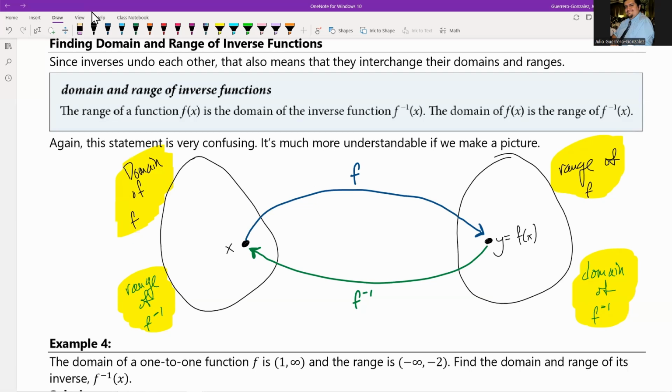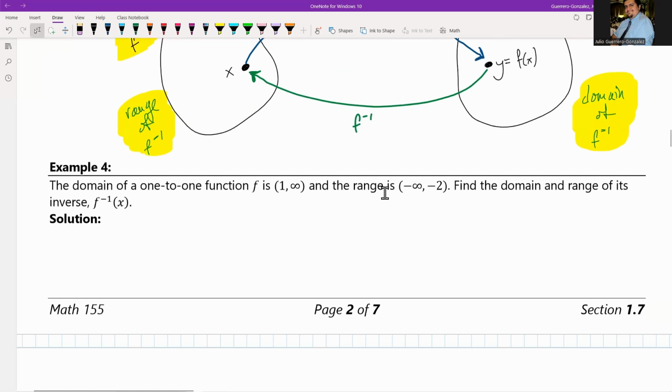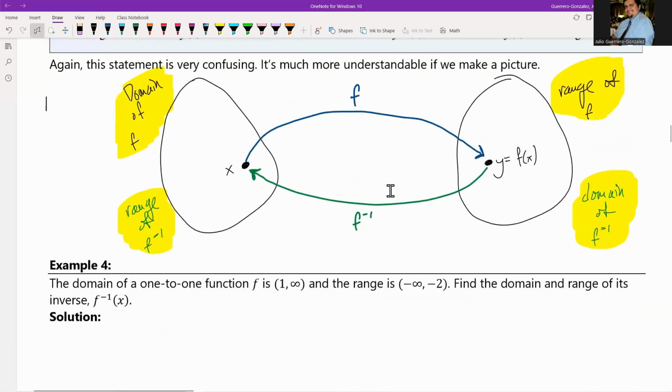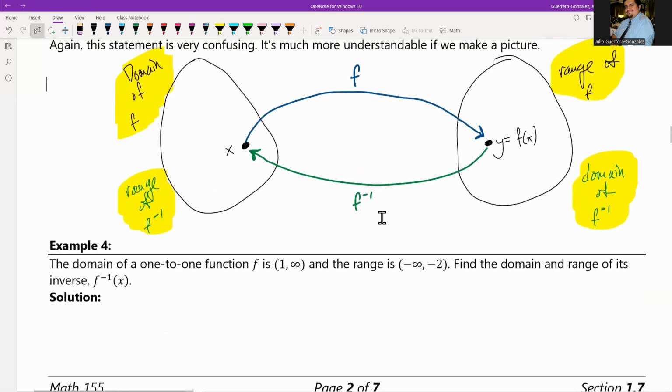That's it. So suppose we had a one-to-one function f, and the domain is this, and the range is this. Find the domain and range of f inverse.